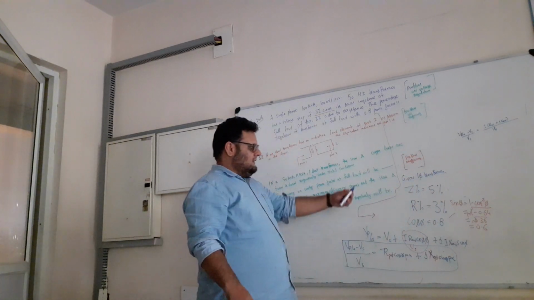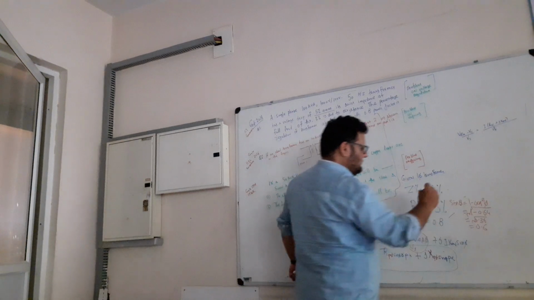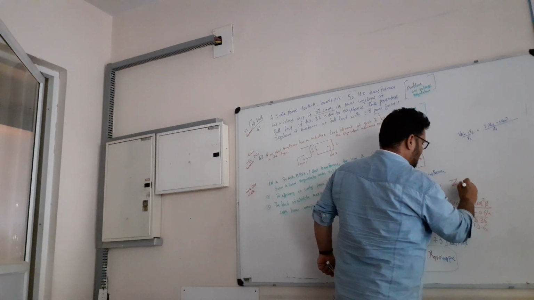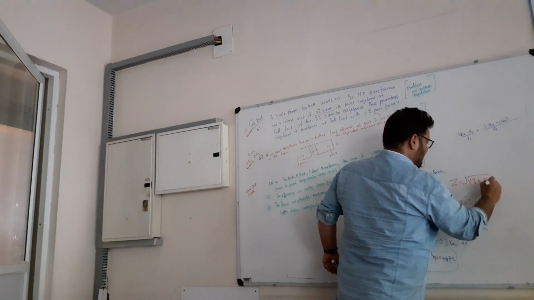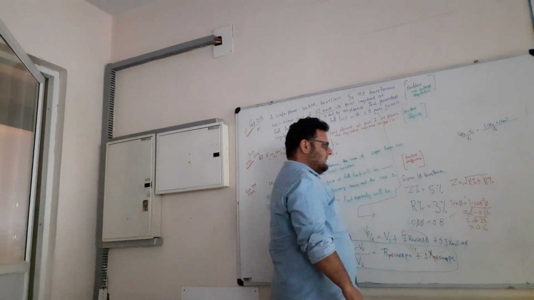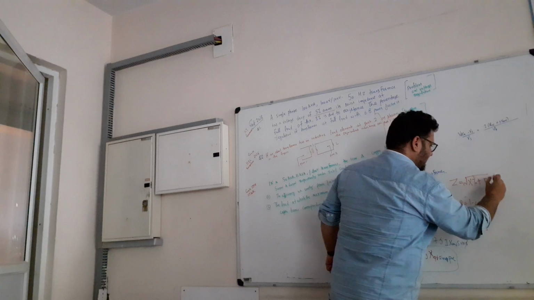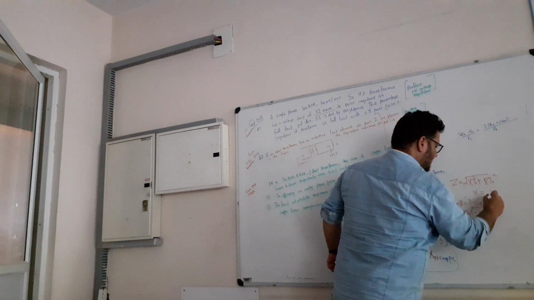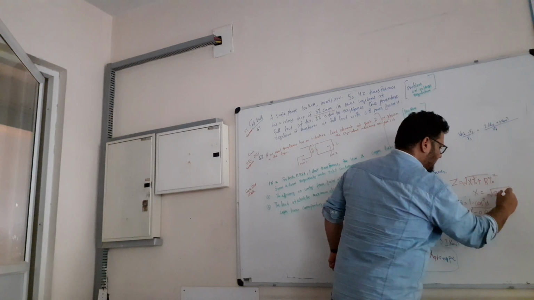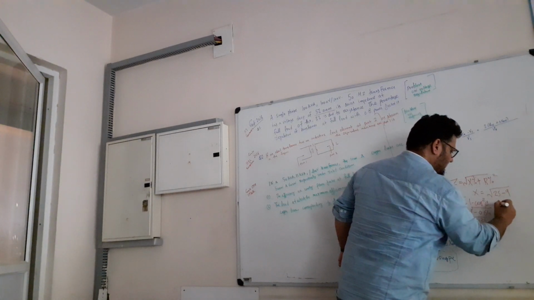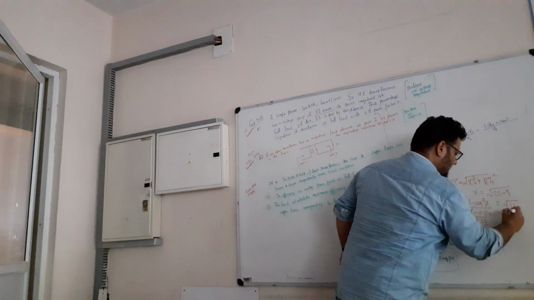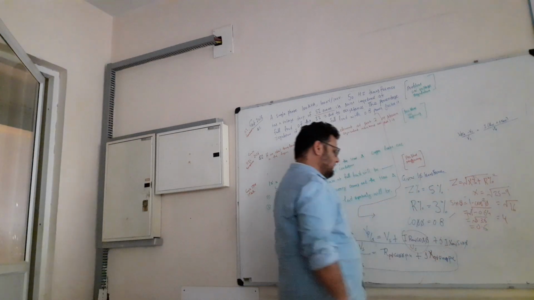Z given, R percentage given, so Z squared is equal to X squared plus R squared. So you get X squared equal to 25 minus 9, which is 16, and the square root of 16 is 4, so you get X as 4.